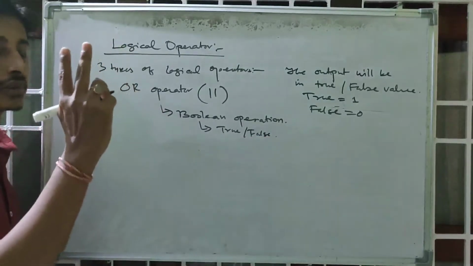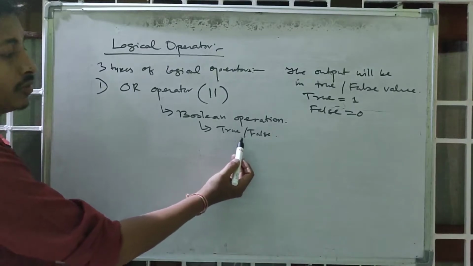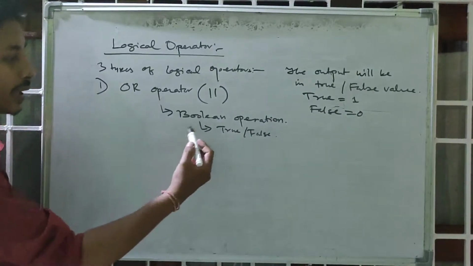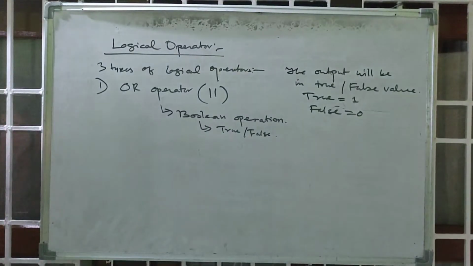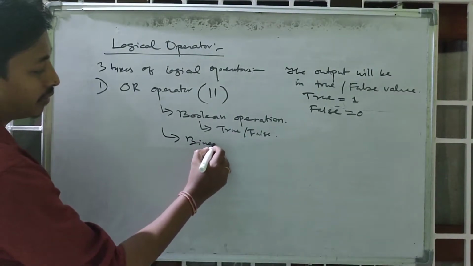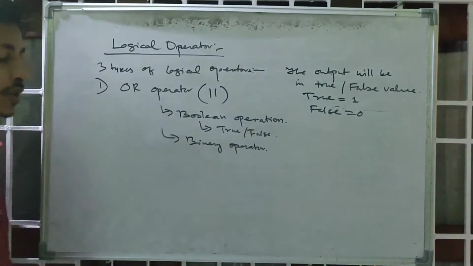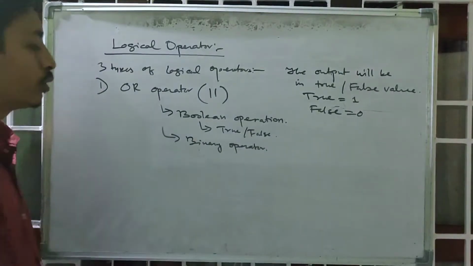There are only two values provided by Boolean operations, true or false. Why is it called a binary operator? It is called a binary operator because it requires a minimum of two operands.